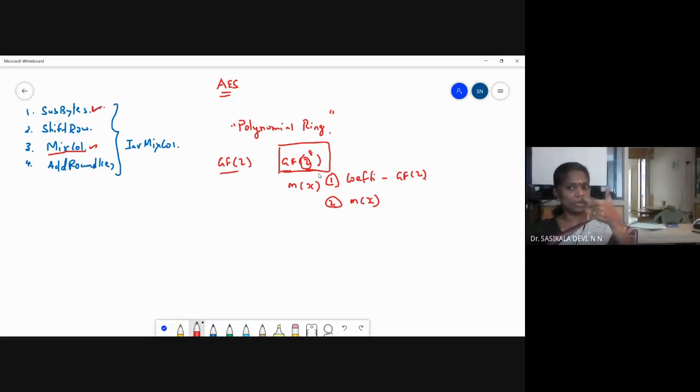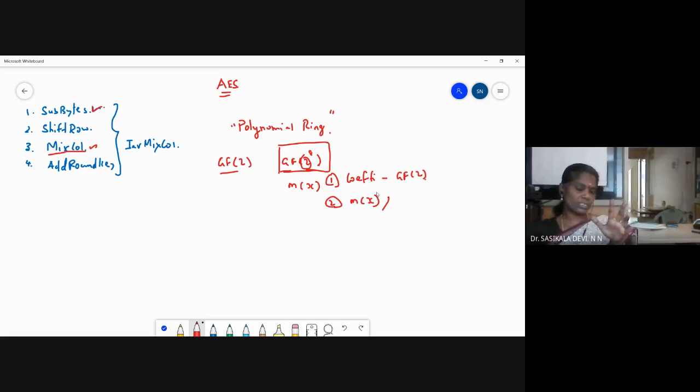For example, we take two group elements, each with degree 7, x^7 plus something, and another polynomial with x^6 plus x^4. When you multiply these two polynomials, the resultant polynomial definitely exceeds the degree. So to make it a finite element, a group element, we have to do modular reduction with m(x).